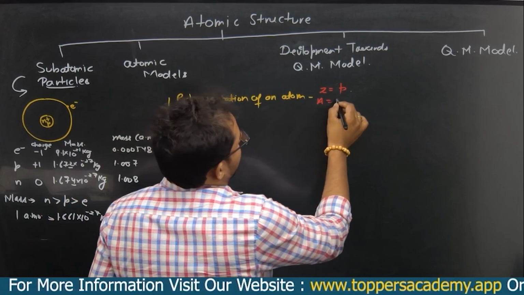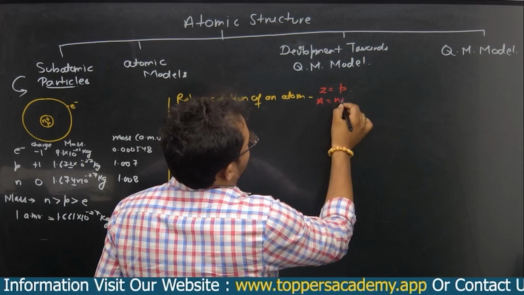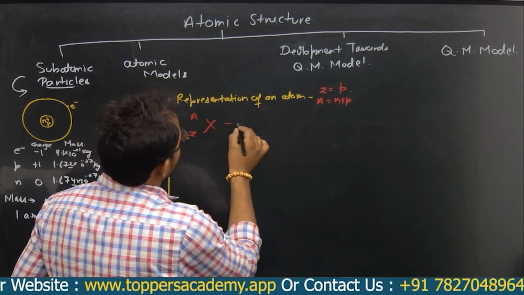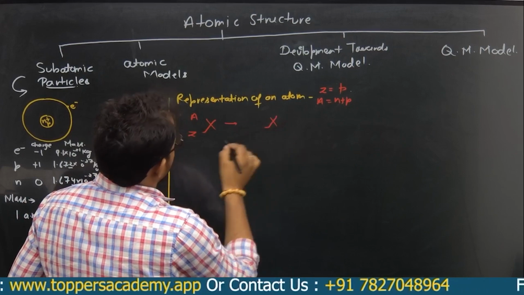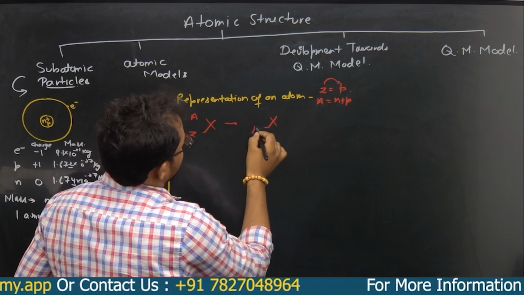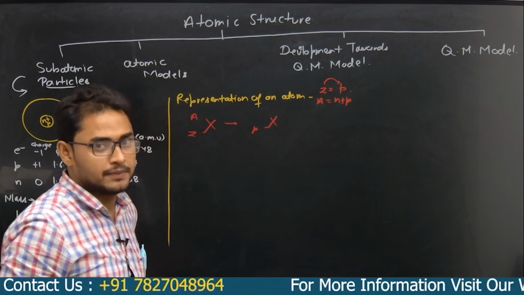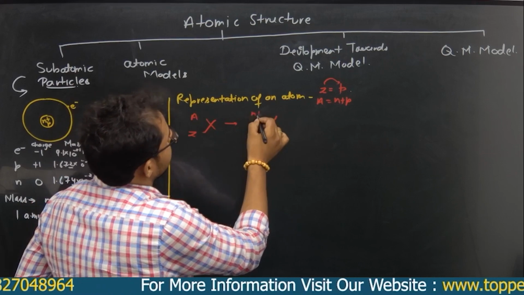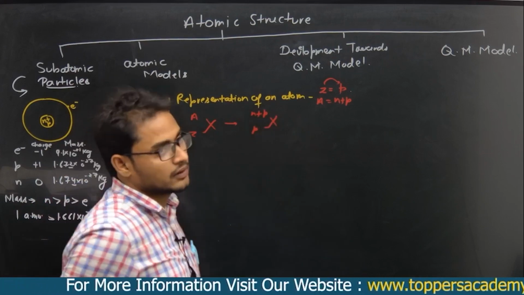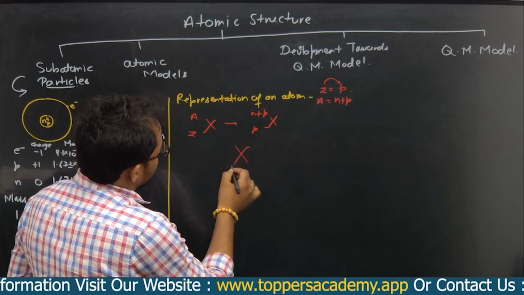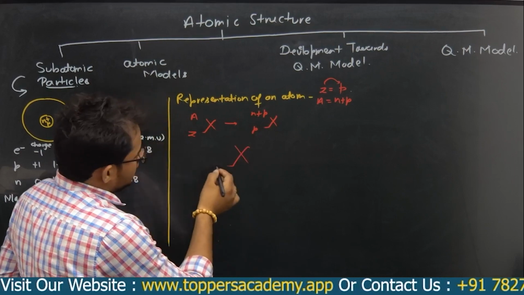So I can write atomic mass is equal to number of neutrons plus protons. So I can replace Z by P, and I can replace A by N plus P. So this is how we represent an atom, X with subscript and superscript.